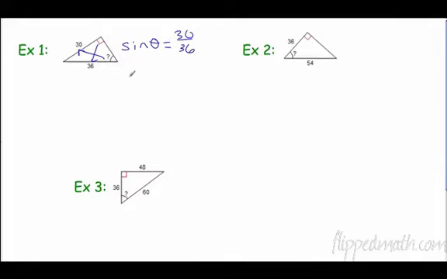So now what I'm going to do here is inverse sine of sine theta equals inverse sine of 30 over 36. If you don't want to write this over here, you can just write theta equals that, totally cool. And I'll probably do that the rest of the way as well.